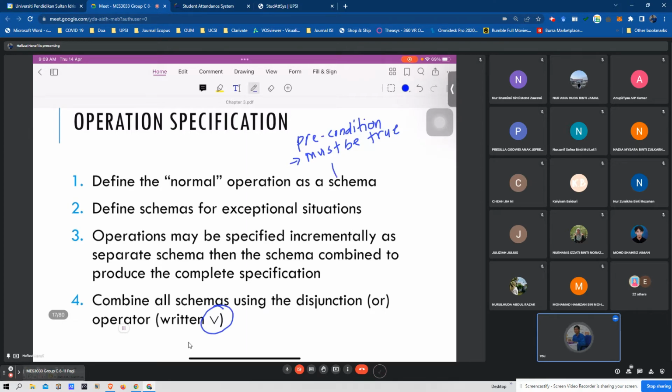And then we have the postcondition. This one is the thing that will be true after the operation if the precondition was satisfied before the operation.